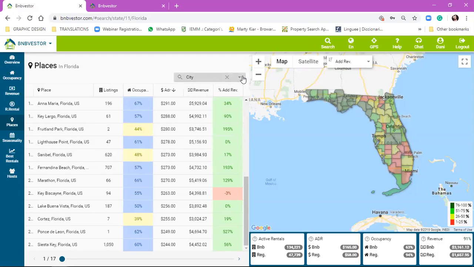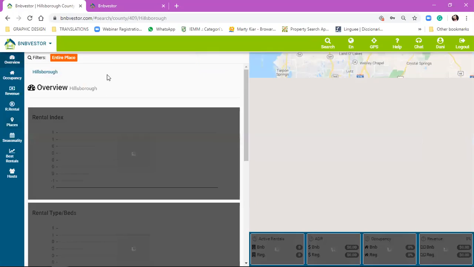Okay. Then we can go to zip code, but that's going to be very specific because we're still in the state. I'm going to go ahead and click on Hillsborough, so we can take a look and analyze this specific county.